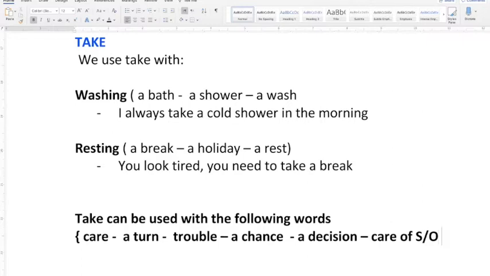Or maybe what we can do, we can also use it in a different way, so we can say care of someone.